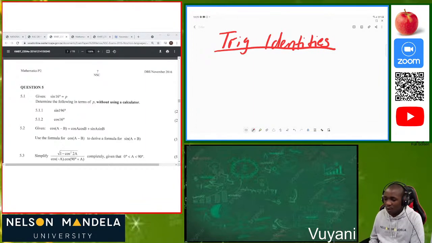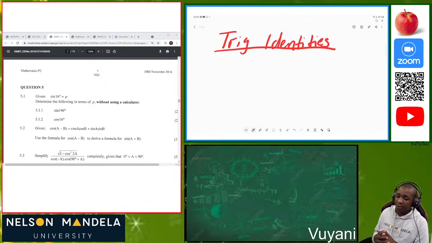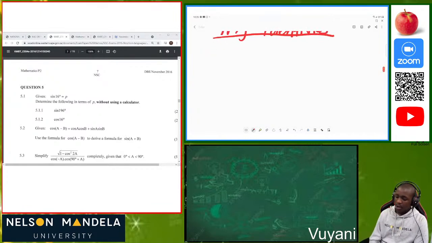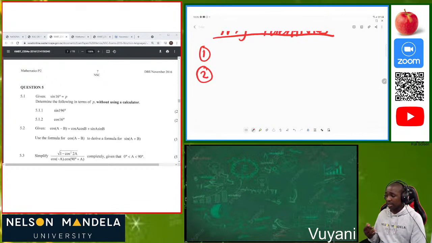Please be careful on these ones. These are important because trigonometry is all about these things. So everything which I'm telling you right now, which I'm tutoring you right now, is essential, so that you can understand the basics before you calculate your questions. So on the trig ratios, we only have 2 in grade 11, but I created 4.